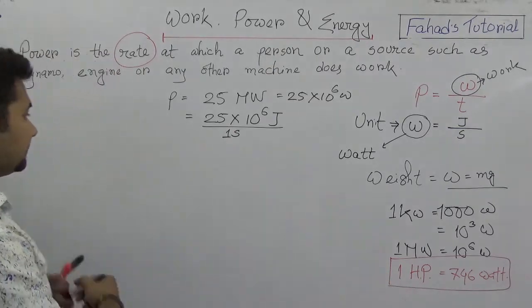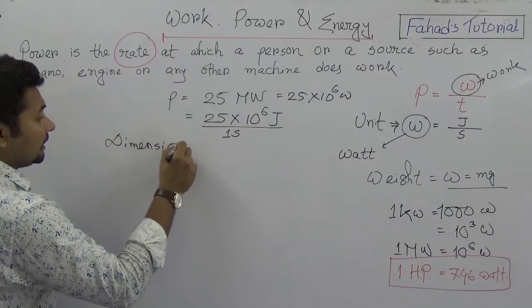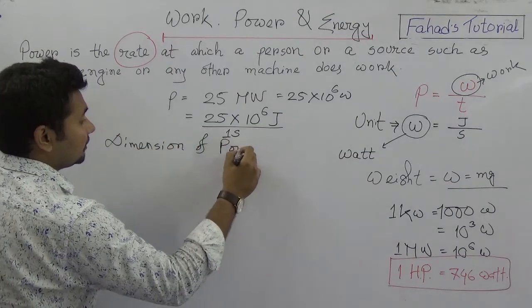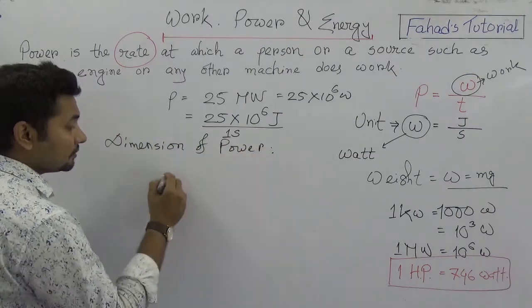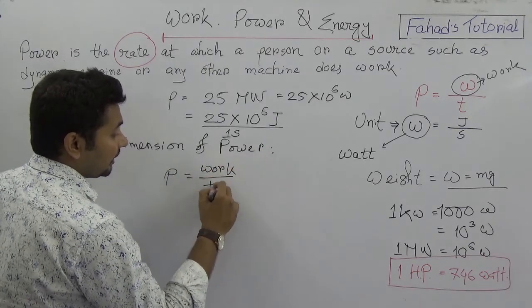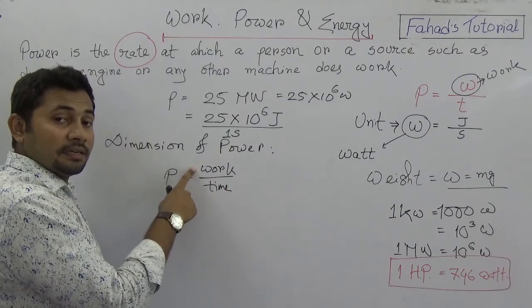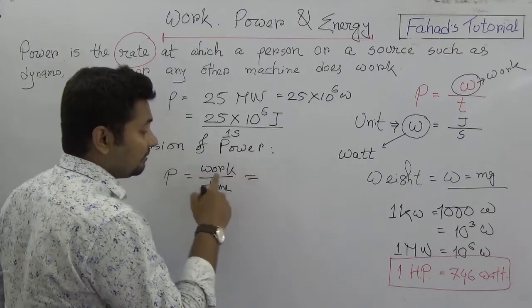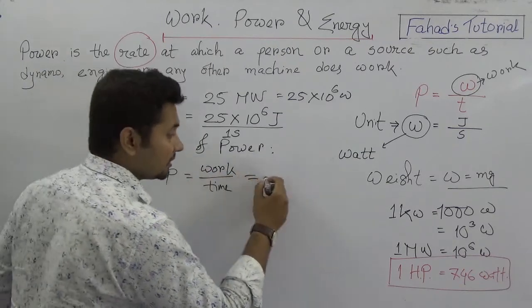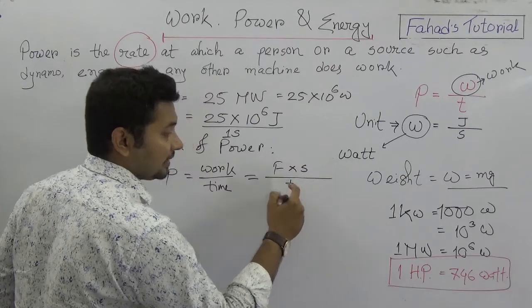Now the dimension of power. As we know, power is work by time. Earlier we studied the dimension of work. Work is force times displacement, divided by time.